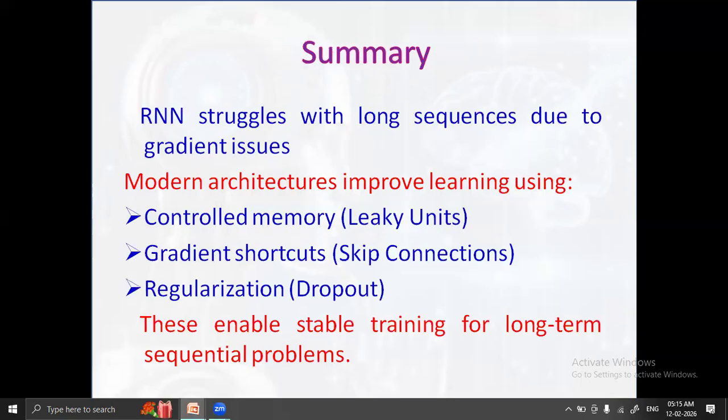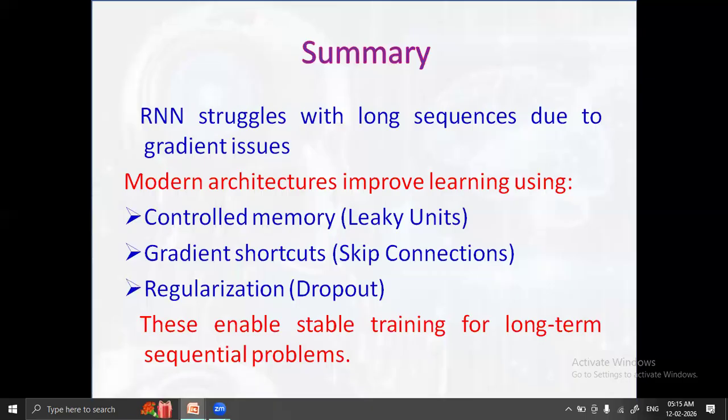Coming to the summary: ordinary RNNs, recurrent neural networks, struggle with long sequences due to vanishing gradients and rapid memory loss. Advanced mechanisms like leaky integration, residual connections, and dropout address these issues from different angles.